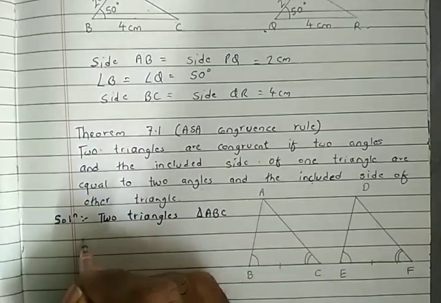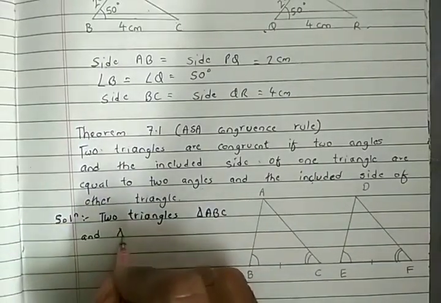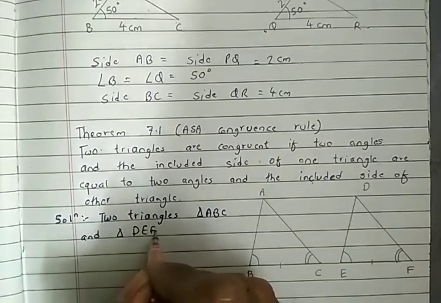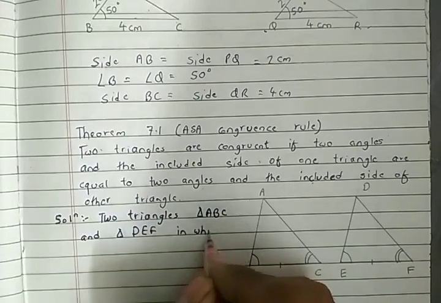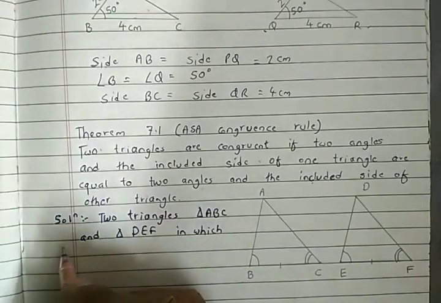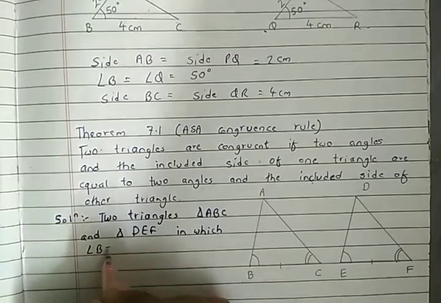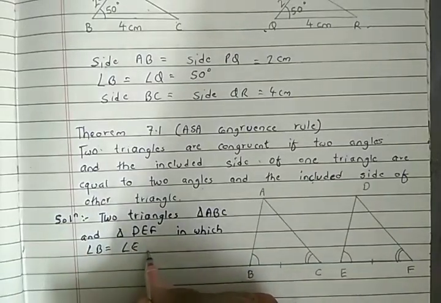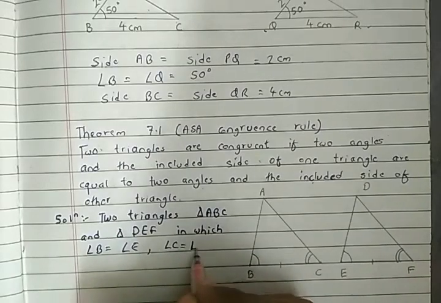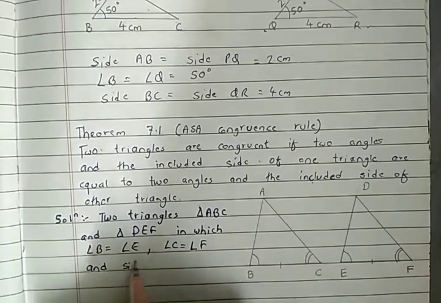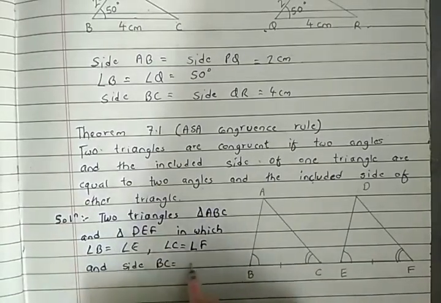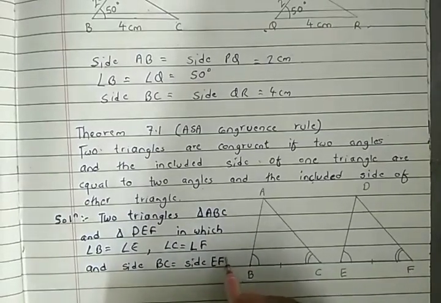Triangle ABC and triangle DEF are given, in which angle B is equal to angle E is given, angle C is equal to angle F, this is also given, and side BC is equal to side EF, this is also given, right?